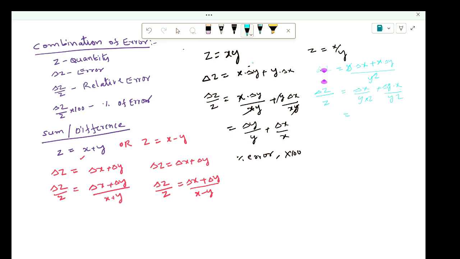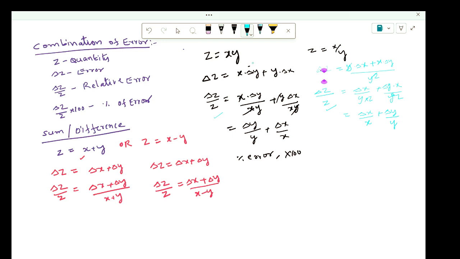Since z is x by y, therefore dx by x plus dy by y. So in multiplication and division, product and quotient, the errors are the same. There is no change in error.